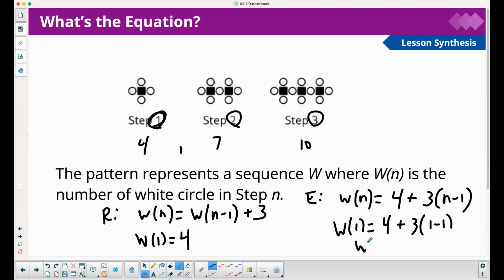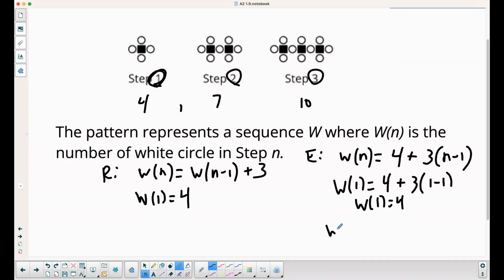It's really just going to be 4. That works. Step 1 over here is 4, okay? So that works. All right, let's try the next one here. W of 2, it would be 4 plus 3 times, that's step 2 minus 1.